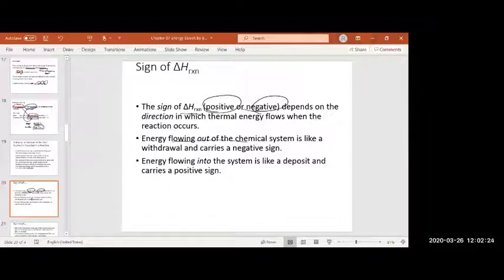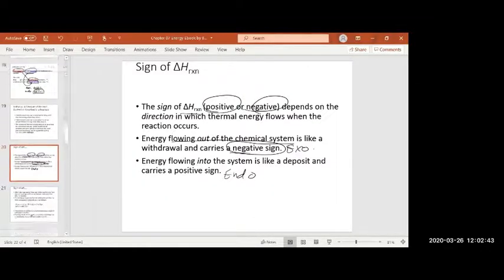Energy flow out of the chemical system is like a withdrawal and carries a negative sign, and we call it exothermic reaction. Energy flow into the system is like a deposit and carries a positive sign, and we consider it endothermic reaction.